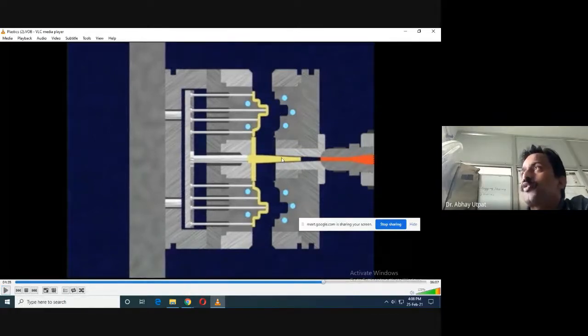See, this is the sprue. You have studied the casting process. This is the sprue. Okay, this is the runner. These two are runners, and then this is your product. There are two houses. This is three plate mold.